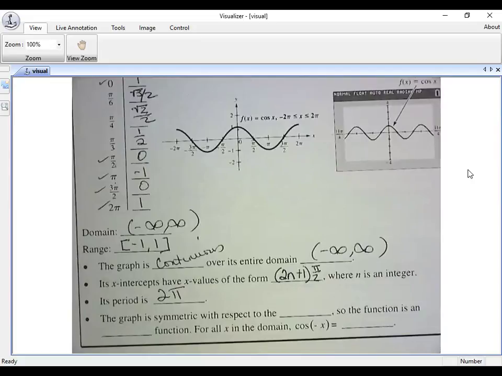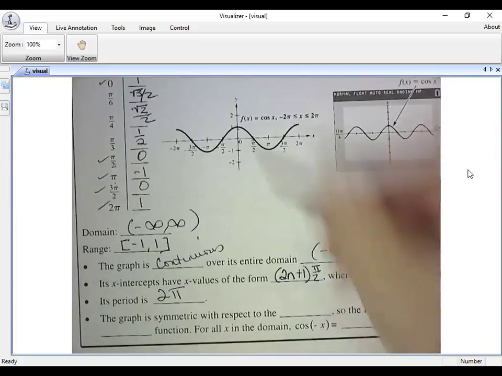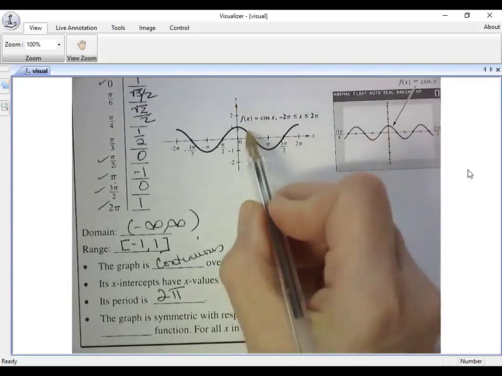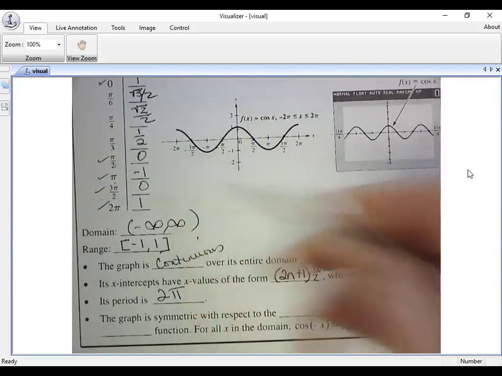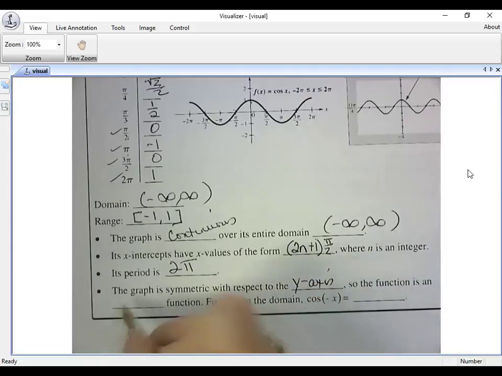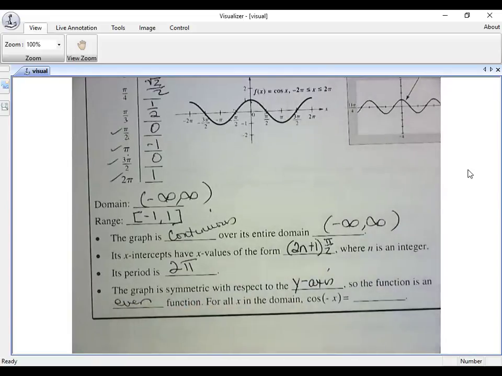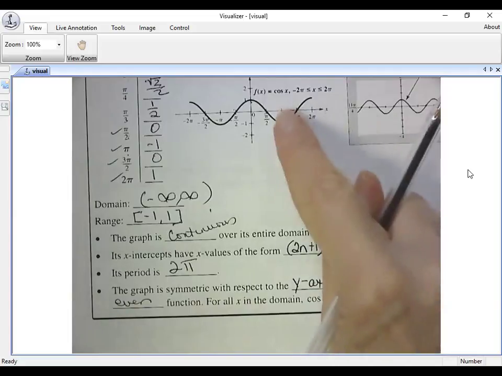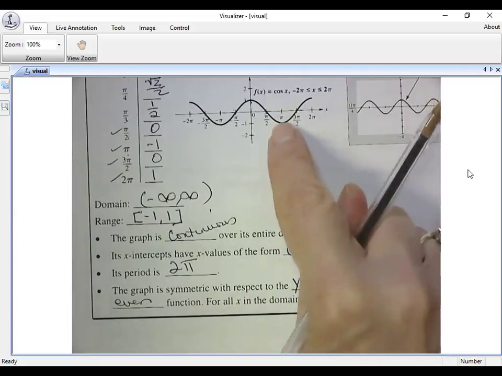And let's talk about symmetry here. Do you think we have any kind of symmetry? This one is symmetric to the y-axis, isn't it? If I fold here, these halves would match exactly. So if it's symmetric to the y-axis, do you remember what kind of function that makes it? Excellent. It is an even function. So here's what that tells me. If I were to make my angle measure negative, so in other words, I know that the cosine of pi is -1.